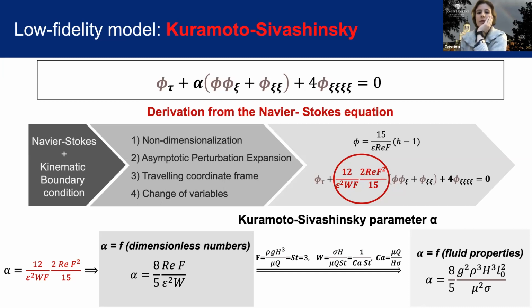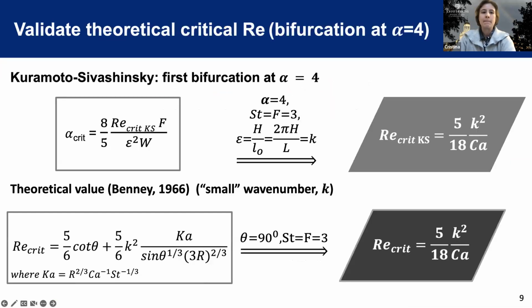Through these derivations, you can obtain a relationship between the Reynolds number and the alpha parameter. Here, I'm showing the expressions for the correlations, either as a function of other dimensionless numbers or fluid properties.